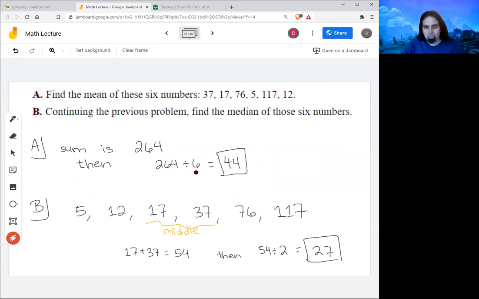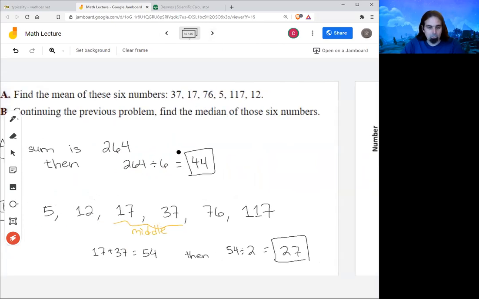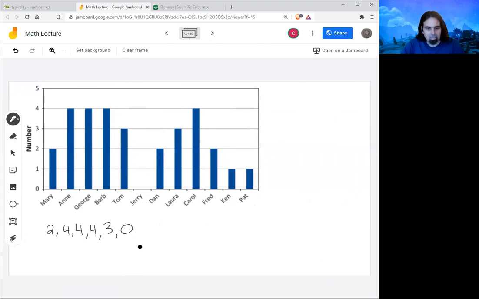Whether we divide with Jerry or without Jerry, we get a different number. And what goes in the middle, if we put something over here, that shifts the middle a little bit. So his 0 matters. Okay, anyway, enough about Jerry. Dan is 2, 3, 4. Everyone okay with my list of numbers?